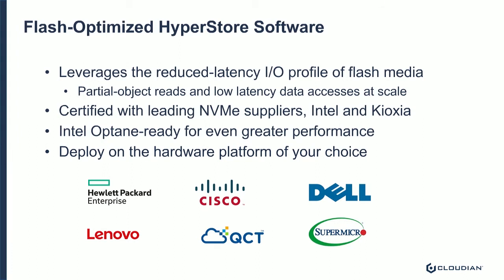Right, Cloudian is a software-defined solution, and it is best when you leverage the best of the hardware platforms from different vendors to get more value. Cloudian works across different platform vendors like HP, Lenovo, Dell, QCT, Supermicro, Cisco. We have certified our solution across all these platforms so that we can deliver value to our customers.